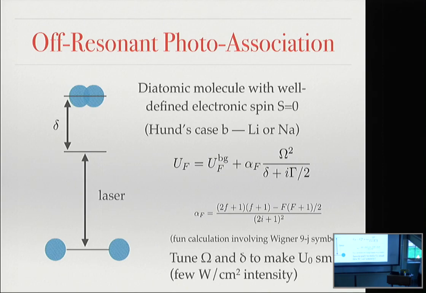Sorry, I misspoke when I said this only couples to the F equals 0. This actually couples to all the F's, but it remains rotationally symmetric, so it doesn't mix the different F's. That's really what I want to say. If this was not an electronic S equals 0, you'd end up mixing the different F's, because there's a directionality of the polarization of the light that comes in. Right, so that's really why I needed the S equals 0.